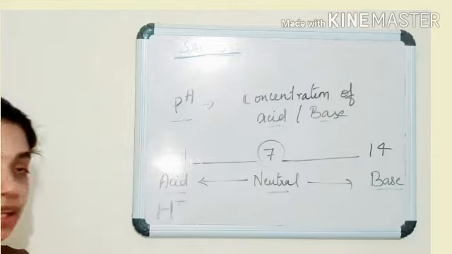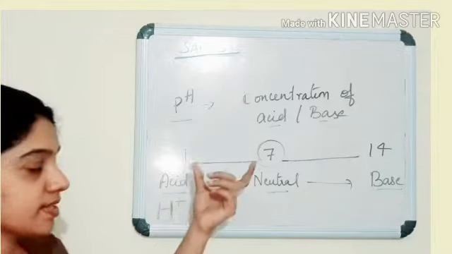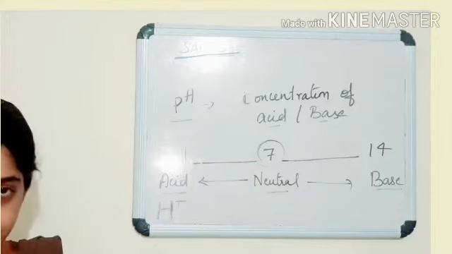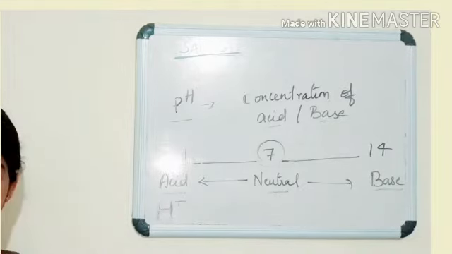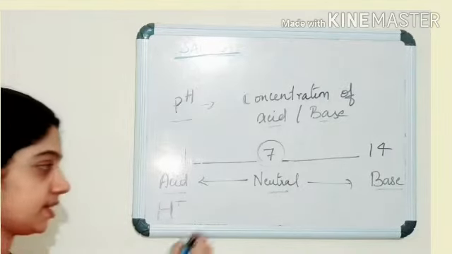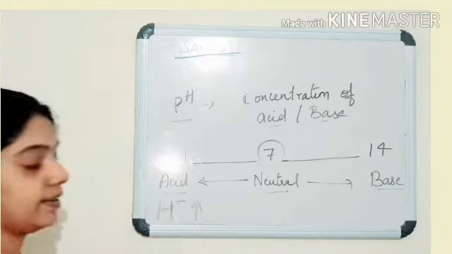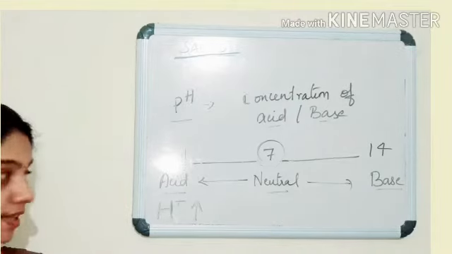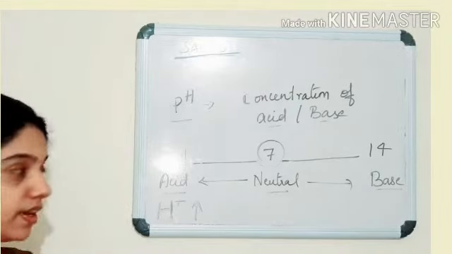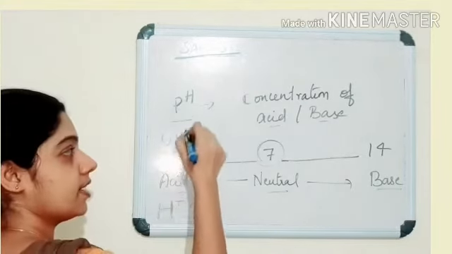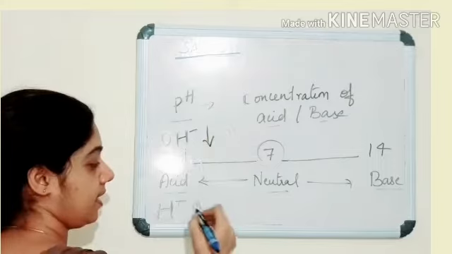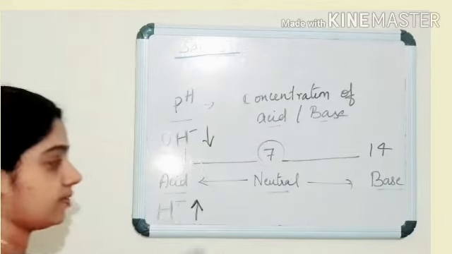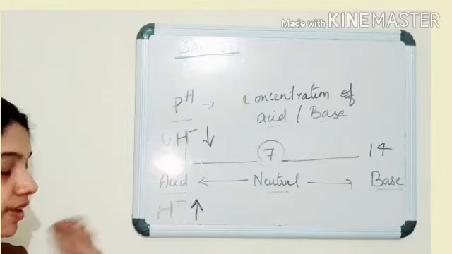So if the value is between 1 and 7, that indicates the amount of H+ ions in that solution is very high. So what will happen to the OH- ions? The amount of OH- ions will be less, but the amount of H+ ions will be high in case of an acid, right?